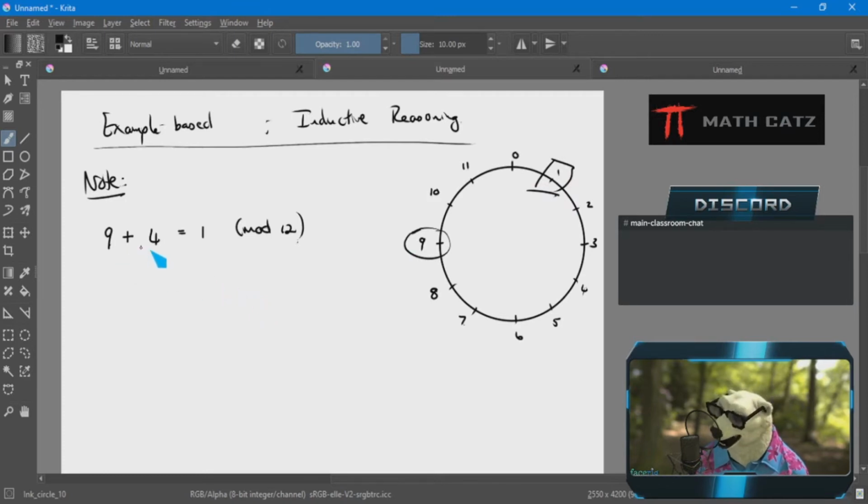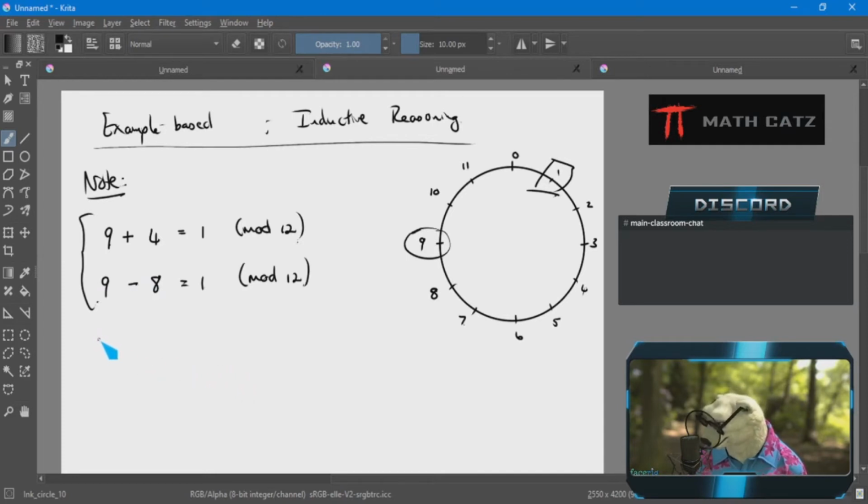One is adding 4, taking 4 steps in the plus direction, let's call it. But the other way is taking 8 steps in the minus direction. So 9 minus 8 is also going to give me 1, like it does on the number line. I have the space. I don't loop over 0, even on the circle. My circle's big enough. So I have 2 ways of getting from my starting position to my end position.